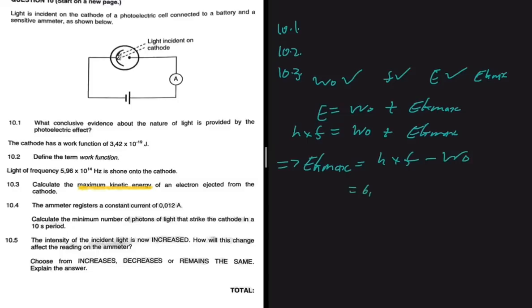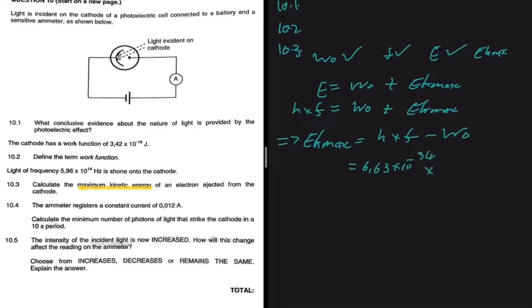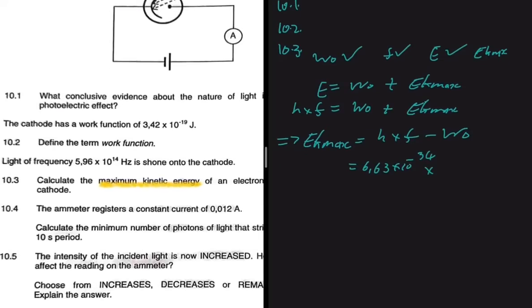H is a constant, that is 6.63 times 10 to the minus 34, and F is also given to us, that is the frequency of the light, 5.96 times 10 to the 14 hertz, minus the work function, which is 3.42 times 10 to the minus 19, and that should be equal to 5.3148 times 10 to the minus 20 joules, right? EK max is in joules.